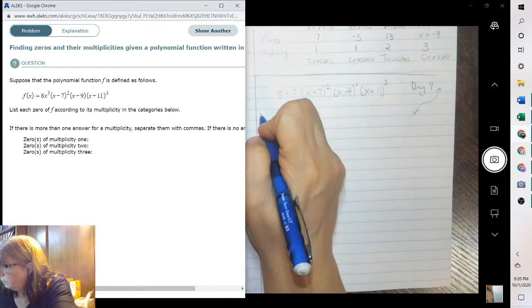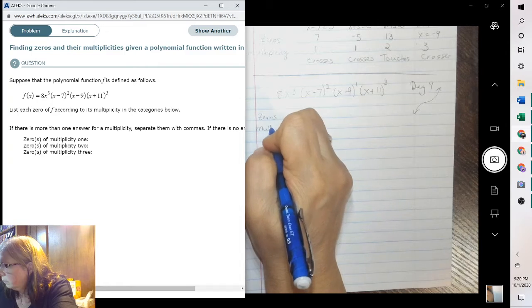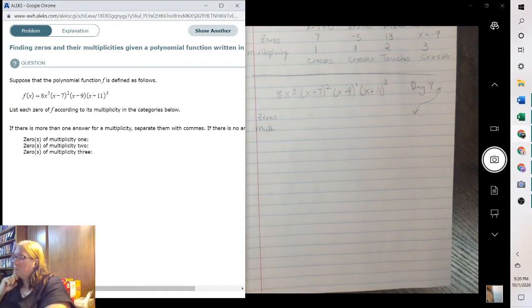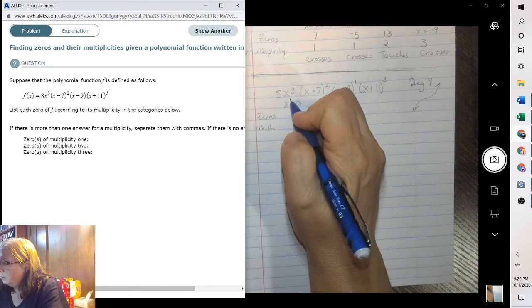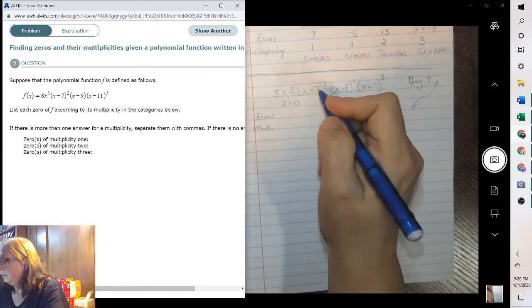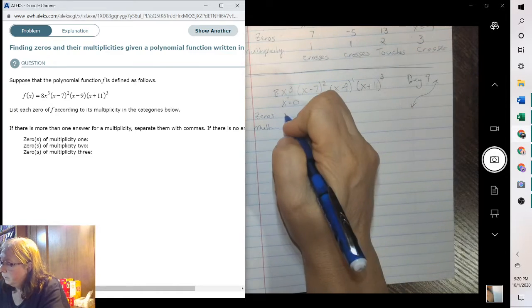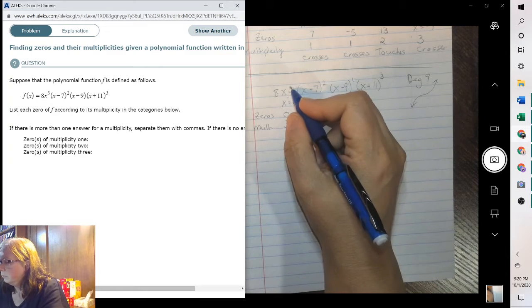For zeros and their multiplicity, setting x equal to 0 or x cubed equal to 0, you only need the x, just like we take the inside of the quantity. This gives you 0 with a multiplicity of 3, the exponent.